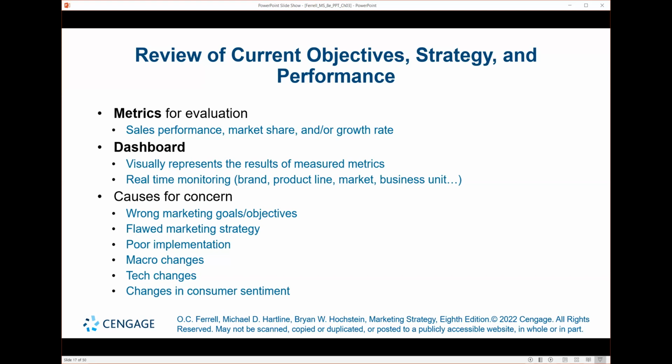You can find things of concern in the metrics, such as having the wrong goals and objectives. You can have a flawed marketing strategy, which says, in essence, we are getting more income from one thing versus another.